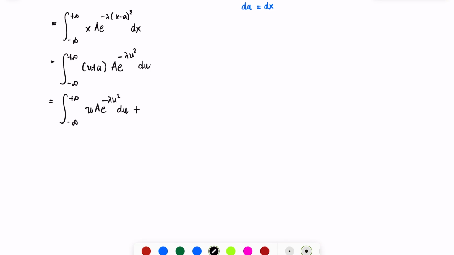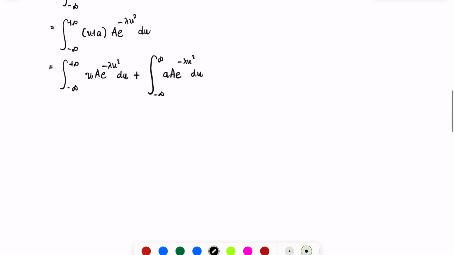This is a property of integrals: if you have a sum, it's equal to the sum of the integrals of each of the terms. So the second term, if I distribute over plus a, would be plus the integral of a e to the negative lambda u squared du.